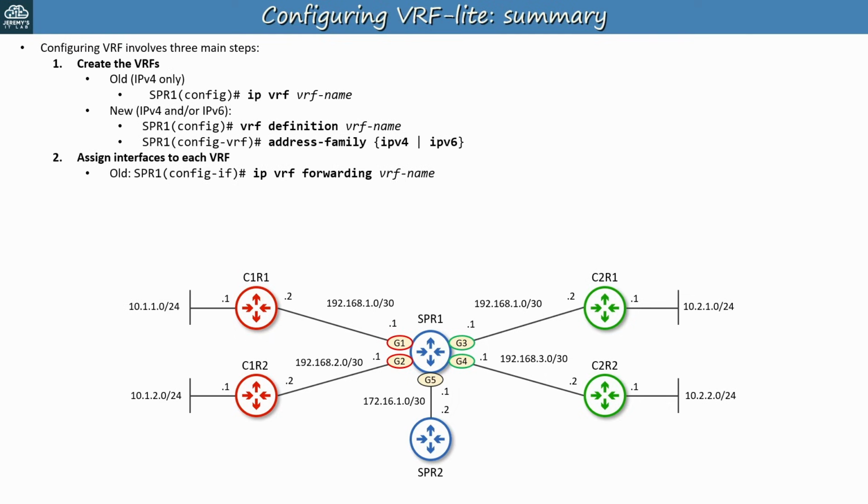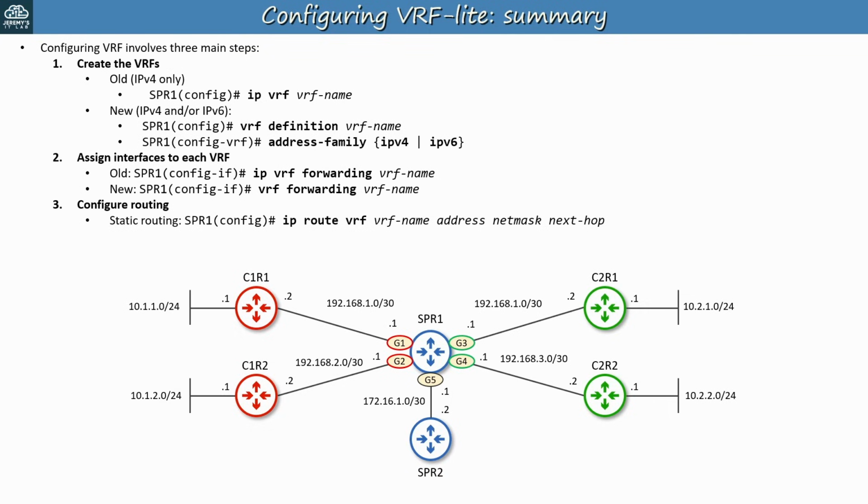If you created the VRF with the old method, use the command ip vrf forwarding on the interface. And if you created it with the new method, use vrf forwarding. The final step is to configure routing within each VRF. In this video, I showed static routing and OSPF. To configure static routes, just remember to add the VRF option to the command, so the route is added to the correct VRF's routing table.